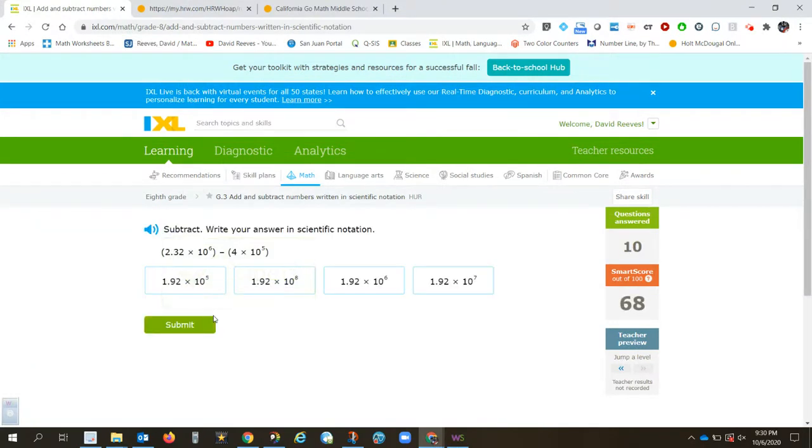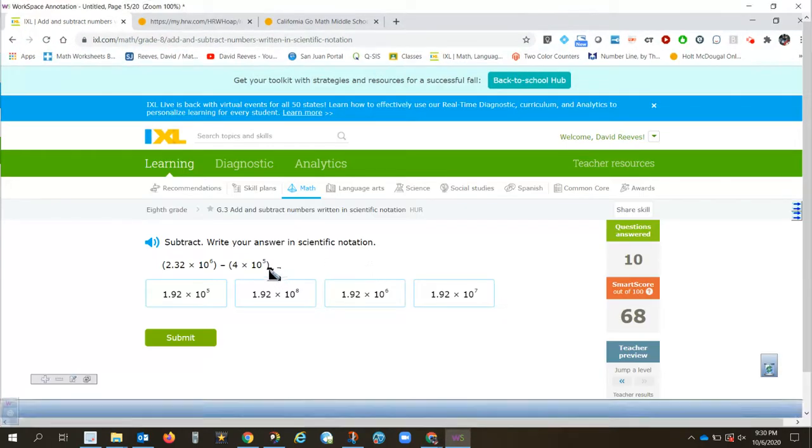All right, so to summarize, you must make the powers of 10 the same. If they're not the same, my recommendation is take the smaller one, right? And say, what do I have to multiply by to get the bigger one? So I want 10 to the 6th, right? Because this one is 10 to the 6th.